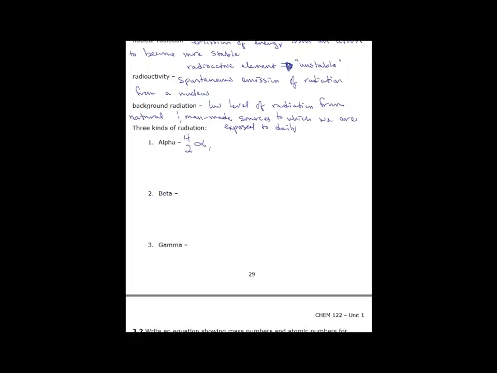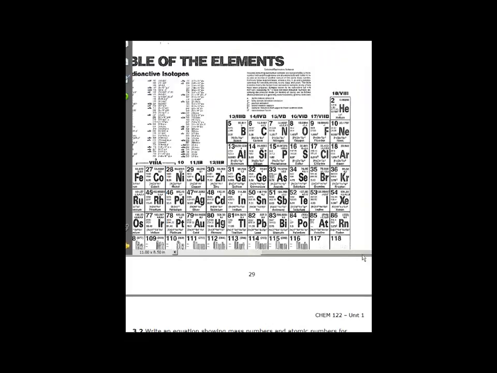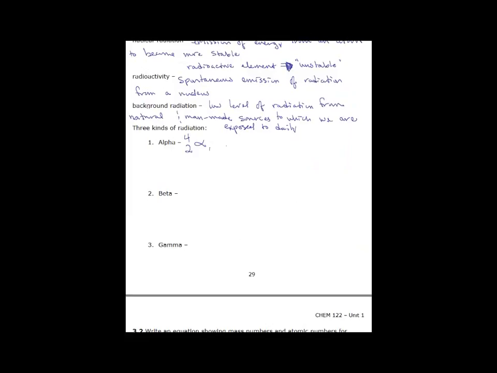If you look on your periodic table, the element that has an atomic number of 2 is helium. Another way to write an alpha particle is using the abbreviation for helium, 4 and 2. So helium is charged, it has a +2 charge, and it moves relatively slowly.